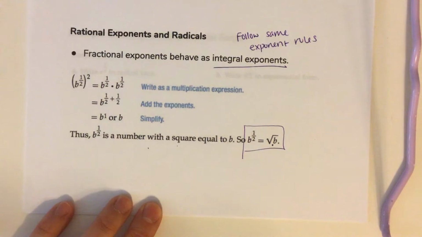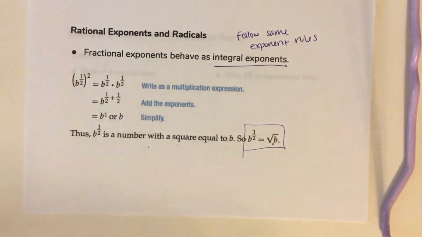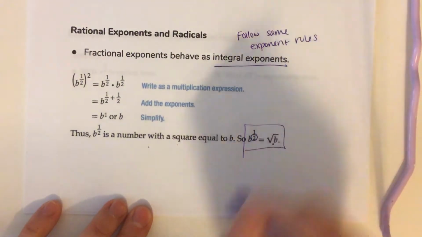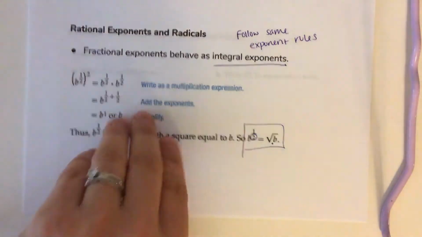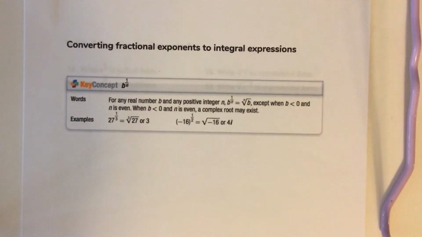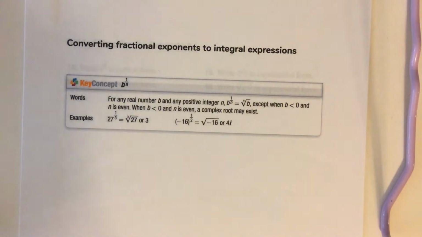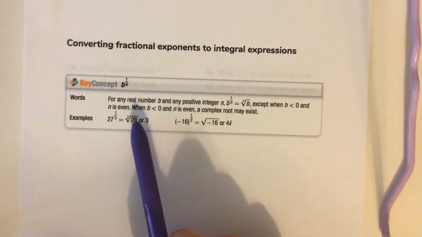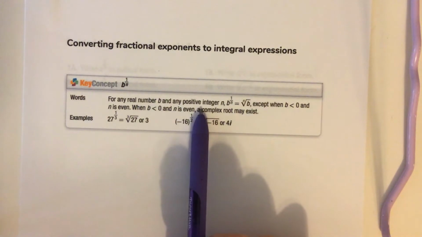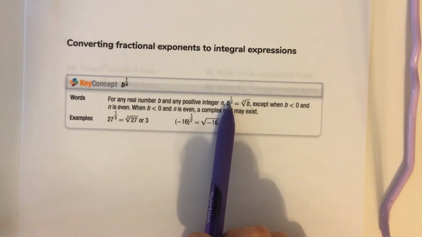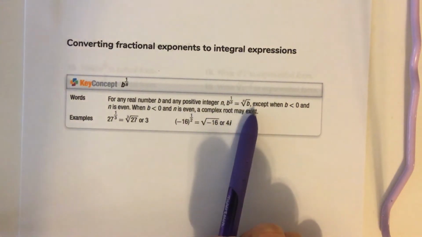So basically, fractions and exponents change to roots. With 1/2, we're going to be taking the square root, and it all goes based off of that denominator right there. So let's take a peek at the formal definition. For any real number b and any positive integer n, b to the 1/nth power is just the nth root of b.